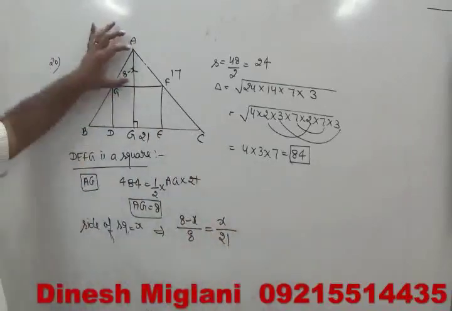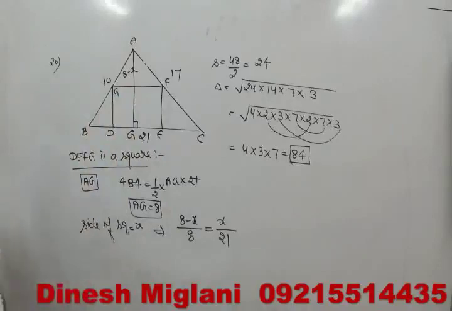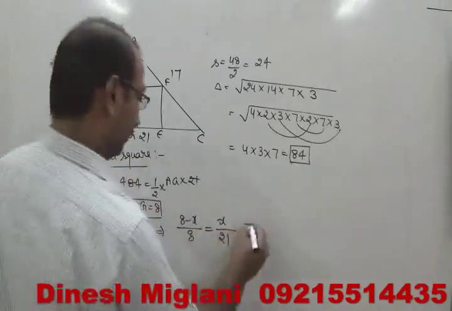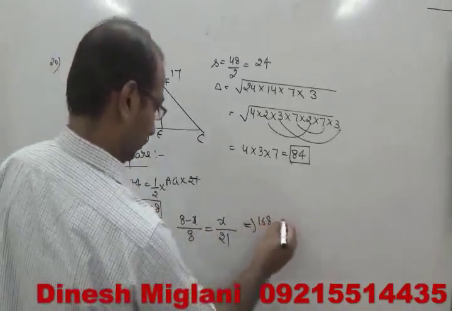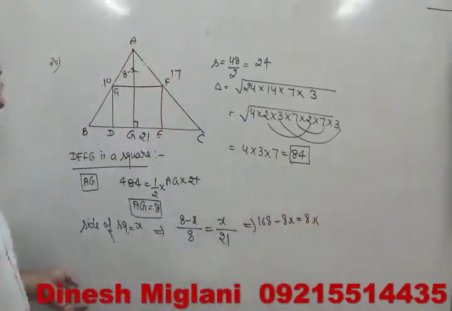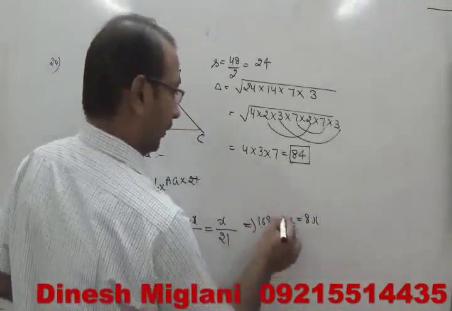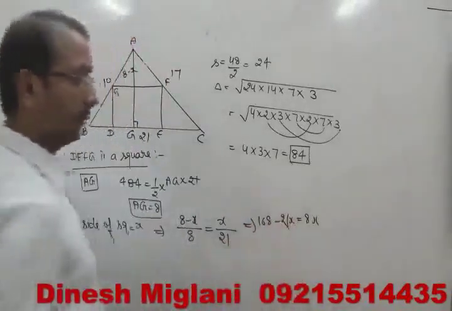Means 8 minus x by x is the same as x by 21. I have to find x, cross multiply, right? That is 168 minus 21x, sorry, 168 minus 21x equal to 8x.